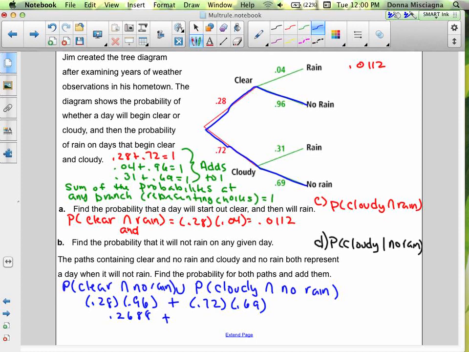I'm going to also put that over here. And then the probability of cloudy and no rain is 0.72 times 0.69, which is 0.4968.